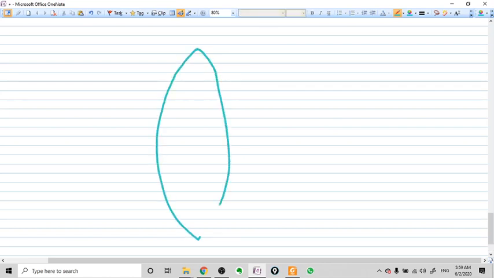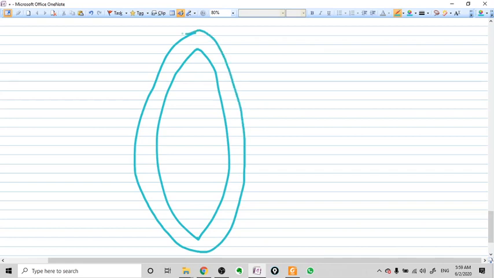Just draw like this. These are the boundaries of the genitalia, and the boundary of the genitalia is made of skin. Both these thick skins, the folds of skin, are known as labia majora, which are made of thick skin.